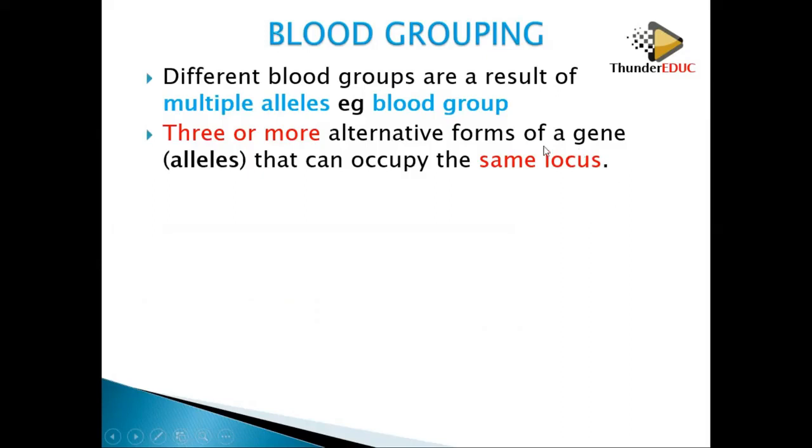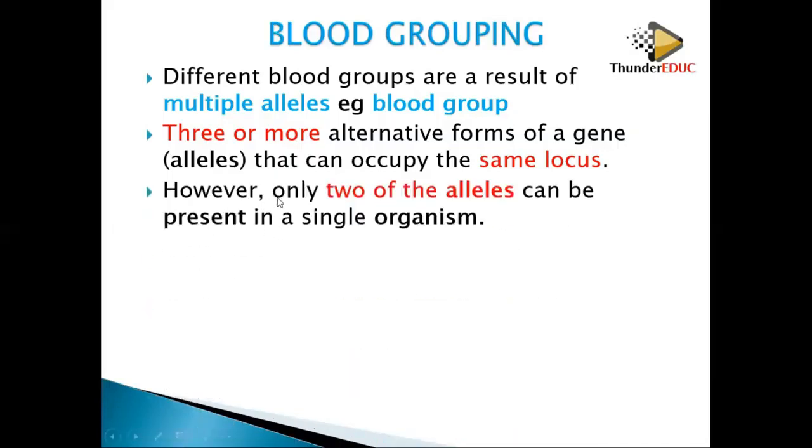Locus is the location of the gene on the chromosome. So it is the same location of the gene on the chromosome, but you have different or many alleles in that location. However, only two of the alleles can be present in a single organism. Why should it be two? It's because you have two parents, the father and the mother.